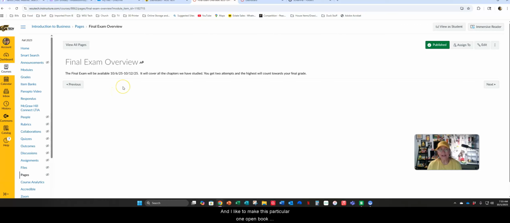And I like to make this particular one open book because as a business person myself, as I'm looking for stuff, if I have questions, I'm going to Google it. But you're going to get through and be more successful on this exam if you review all those chapters ahead of time. Look over the PowerPoints here in the modules.